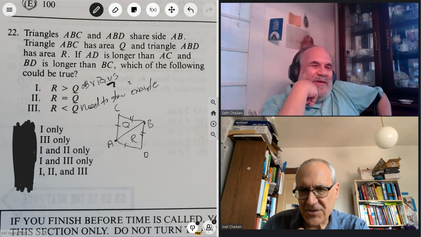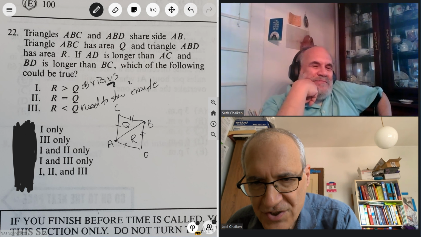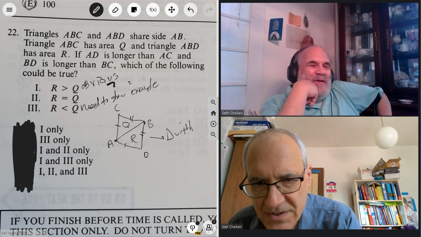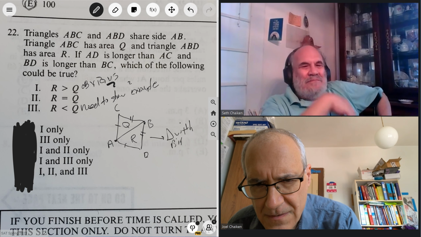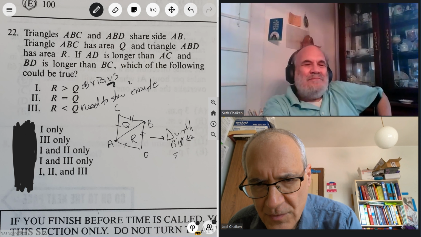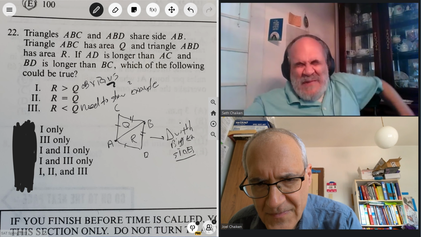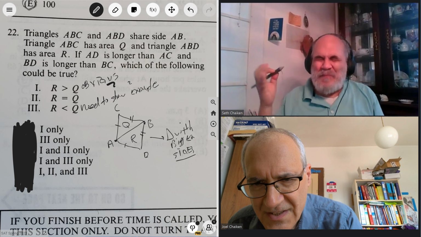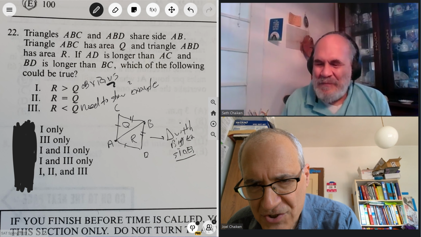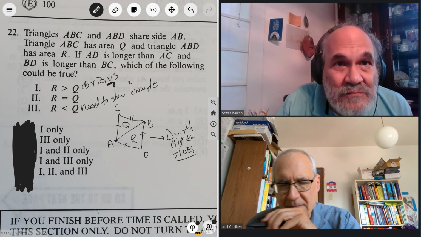Okay. So we have to show an example where this is the triangle with bigger sides. How can a triangle with bigger sides have an area that's smaller than a triangle with smaller sides?